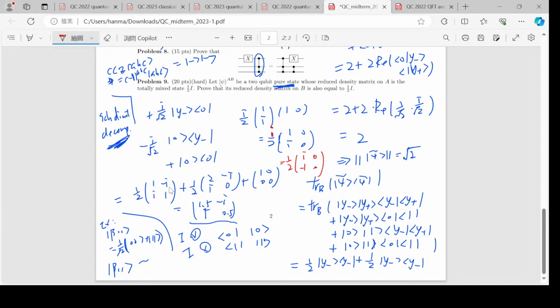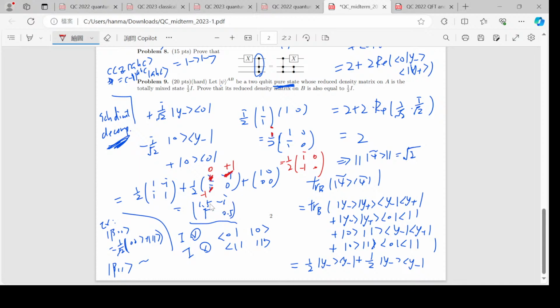And so this thing is now this. It's actually i plus i dagger equals 0, and this is minus 1, this is plus 1. And so this is actually still 1.5 because I made a mistake.